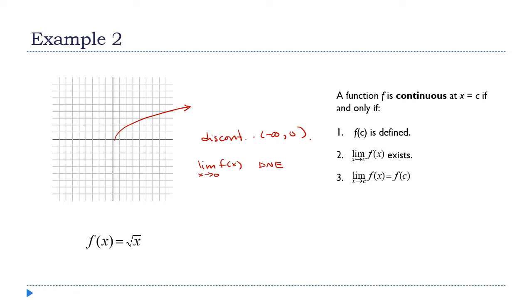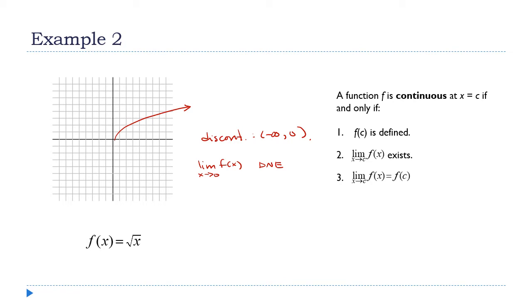But if you remember how we define continuity on a closed interval, we said a function is continuous on a closed interval if it's continuous on the interior. And in this case, because 0 was on the left-hand side, we would also say it's continuous if it is right continuous.